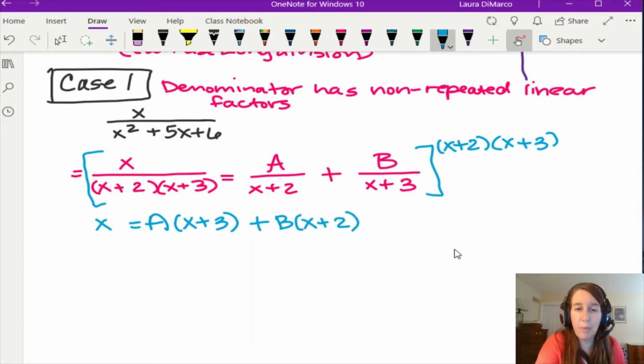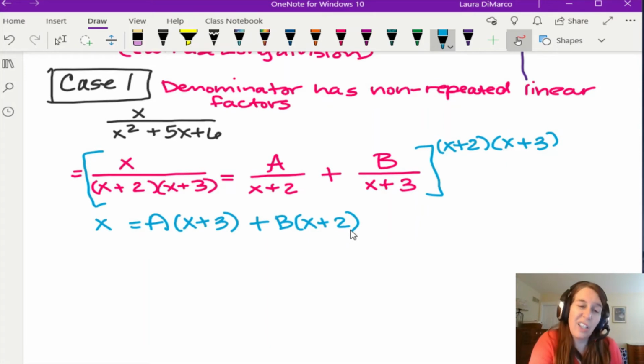Sometimes people call this clearing the fractions, because if you multiply by all the denominators, you won't have fractions anymore. It's a simple way to get rid of all those pesky fractions. Now we have this equation, x equals A times x plus 3 plus B times x plus 2.